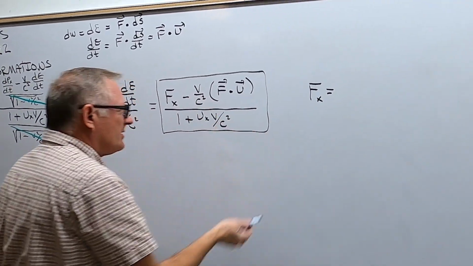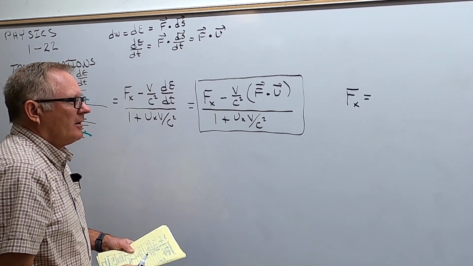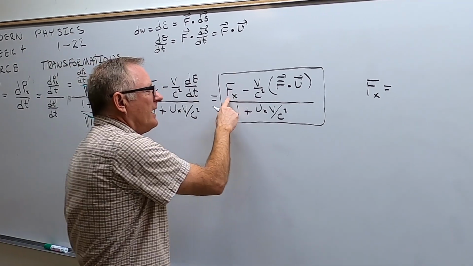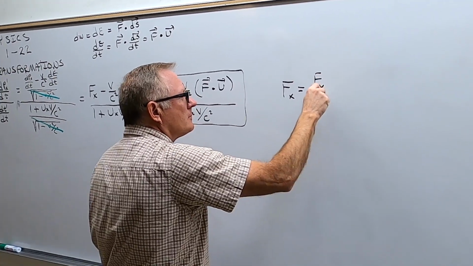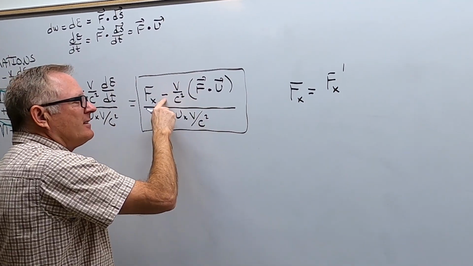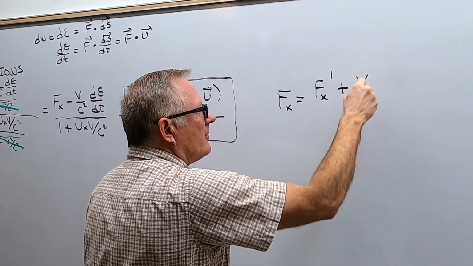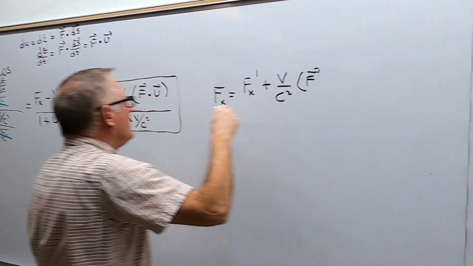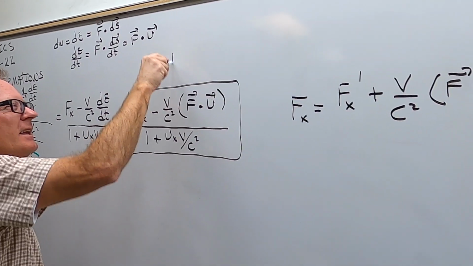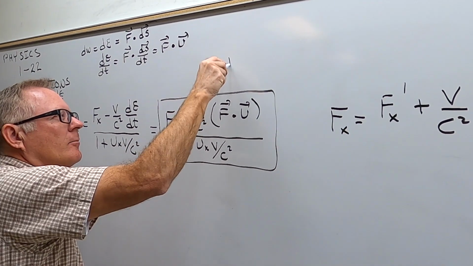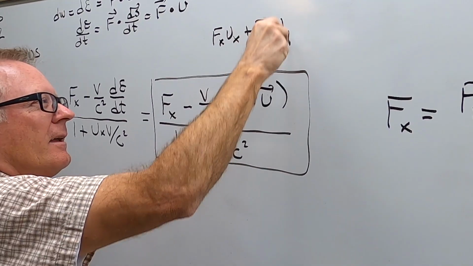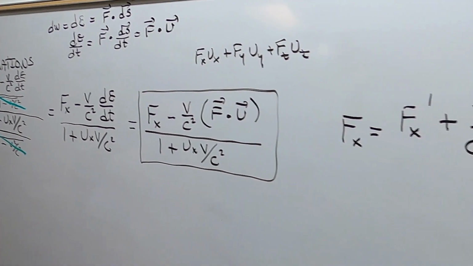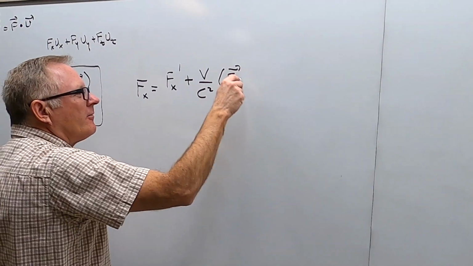You just, again, switch the sign of all the v's and change the primes with the unprimes. So this would be Fx prime, changing the sign of that, so this is plus v over c squared F. Remember, F dot u is really Fx ux plus Fy uy plus Fz uz, remember when you take the dot product. But I'm just going to call it F dot u.